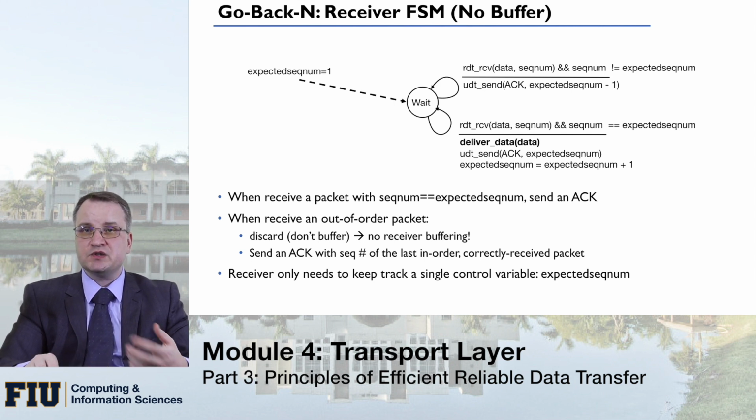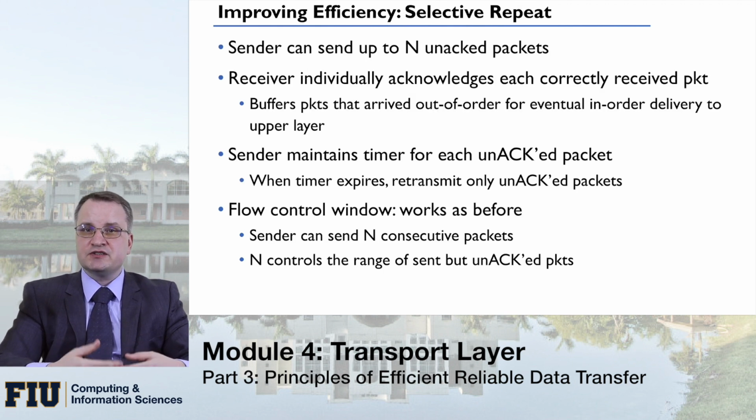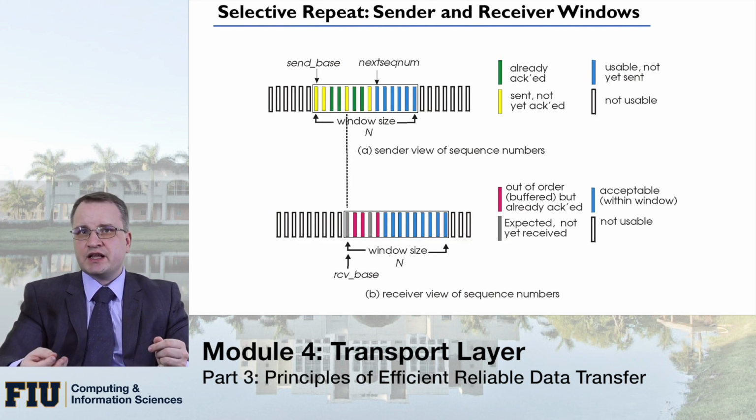With selective repeat, we're trying to optimize a little bit and ensure that the sender is not resending packets that were not lost in the transmission. So to realize that, the receiver, as I said, will have to have some form of a window, and this window has to be just n.